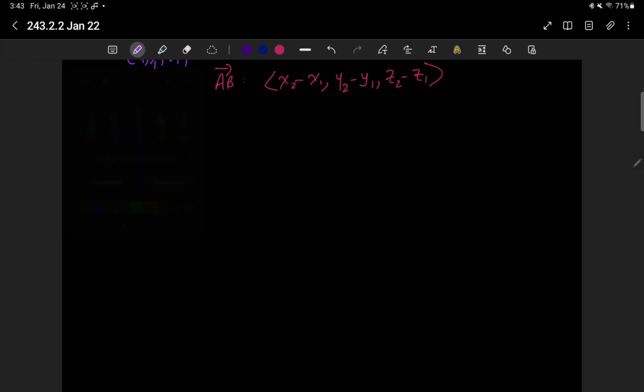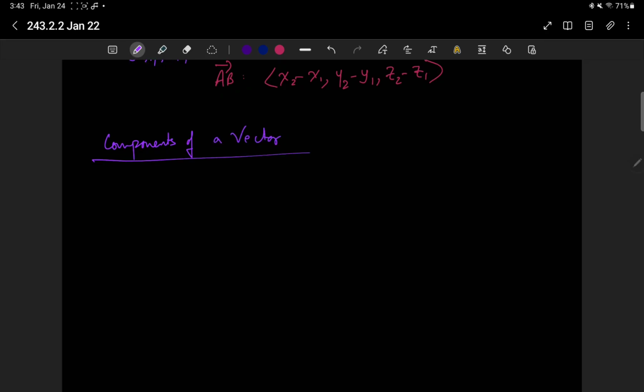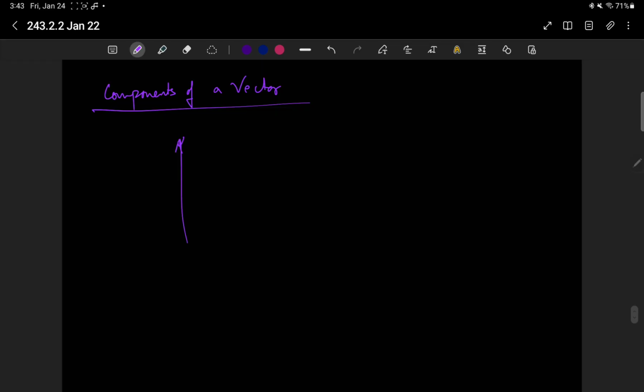Before I do that, let me just go over one of the sections called components of a vector, because there were some questions about how we got the sine theta and cosine theta. So in two dimensions, let's take any vector that goes from one point A to a point B. Let's call this vector V. It makes some angle, theta.